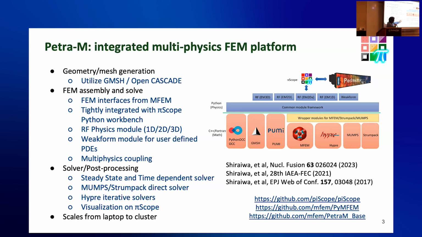Essentially, we took a variety of different open source libraries for geometry, meshing, MFEM, other things, and linear solvers, and we developed, when necessary, wrappers for these libraries to use them in Python.